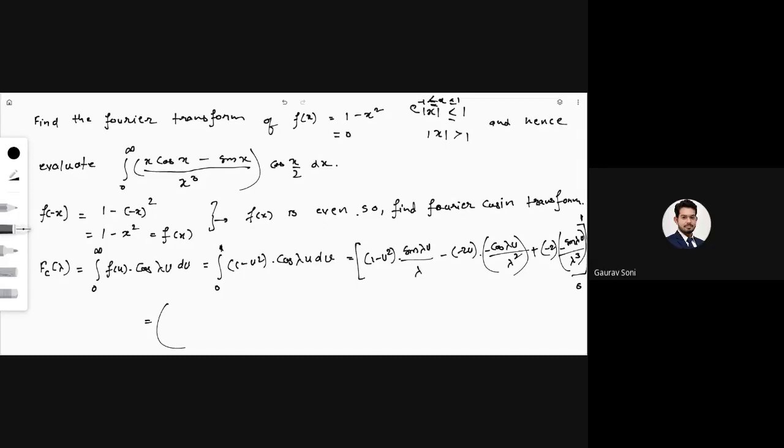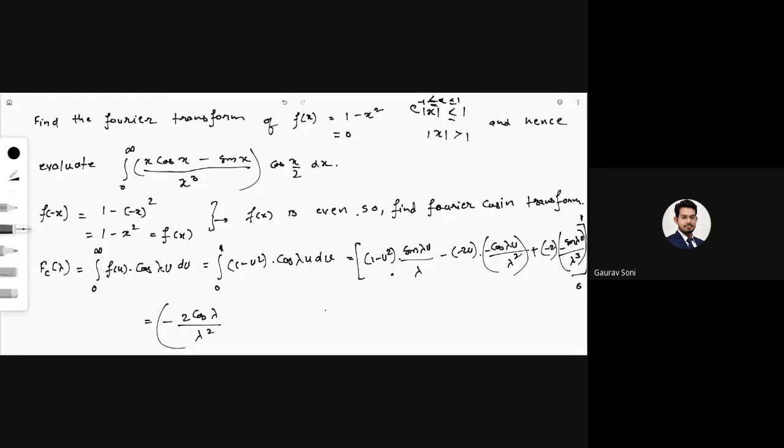So we have used the generalized UV rule to get the integral in one step. Now we put the upper limit. If you put 1, the first term will become 0. The second term will be minus 2 cos lambda by lambda square.